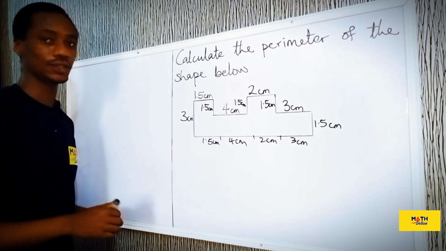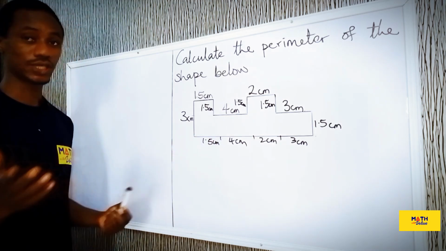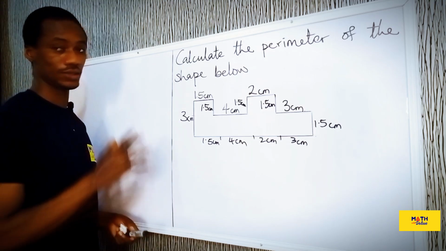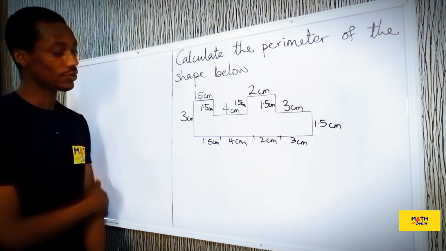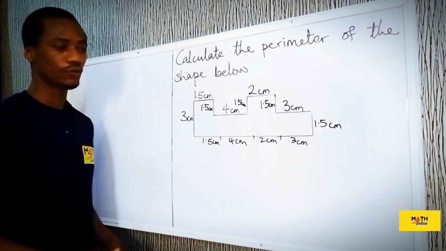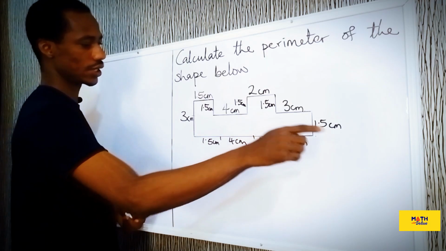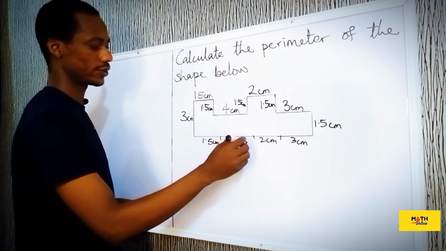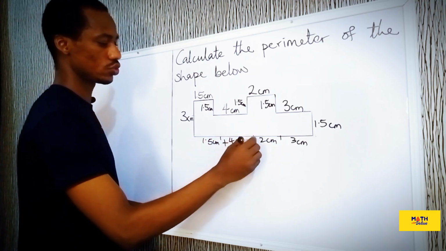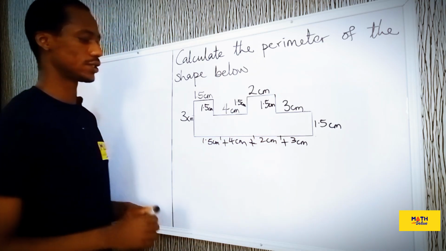Please remember that it's not drawn to scale, it's just a sketch. So with this, we found the length of all the sides. This longest side will be 1.5 plus 4 plus 2 centimeters plus 3 centimeters.